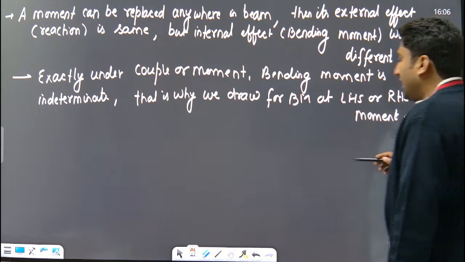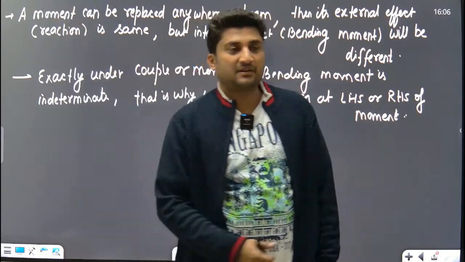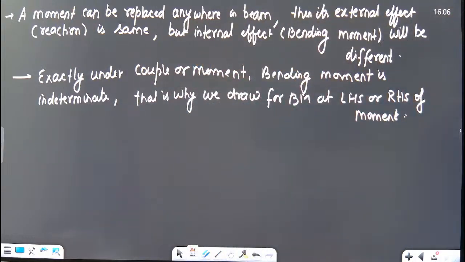So we will learn how to draw the ILD when a couple is moving on the simply supported beam. Understood everyone? Written everyone?